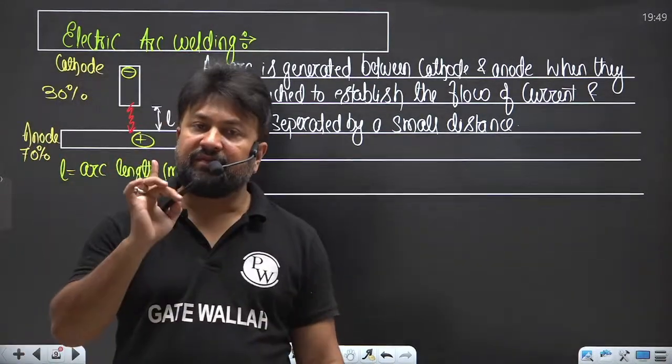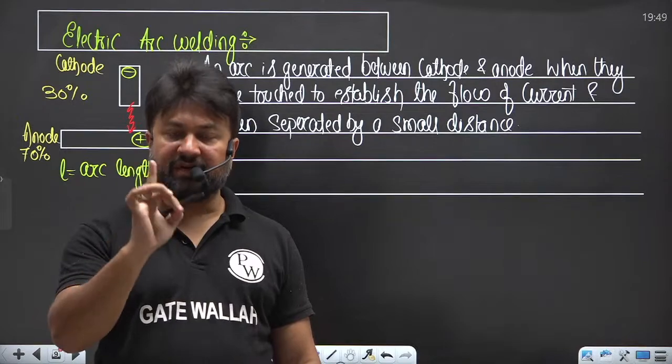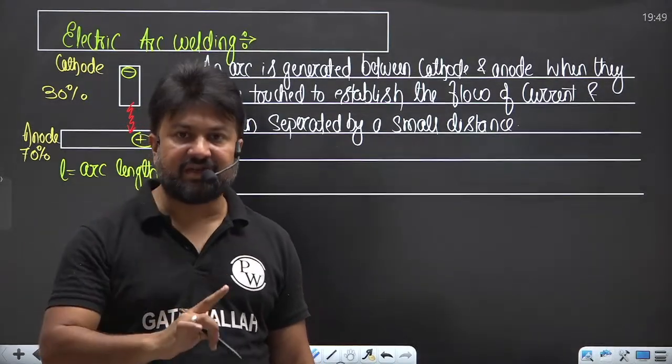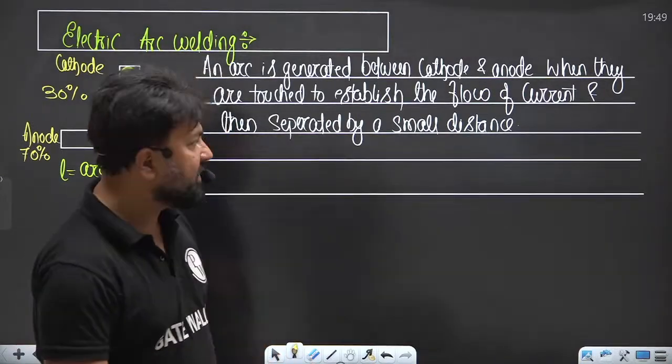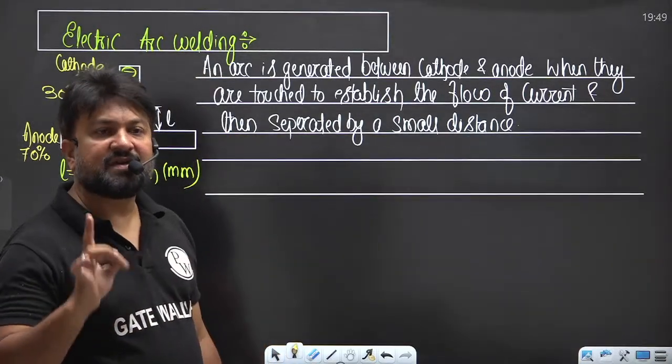If the workpiece is positive and the electrode is negative, that polarity is known as straight polarity.